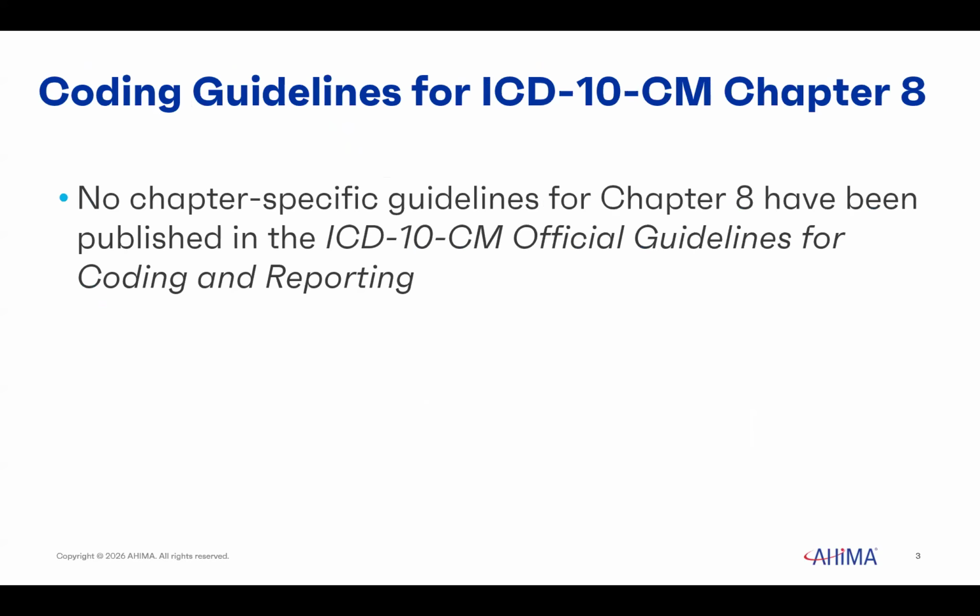And again, another odd thing, there are no chapter-specific guidelines, so we need to cover the general coding guidelines as they pertain to coding diseases of the ear and mastoid process.